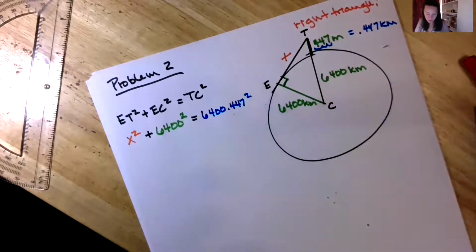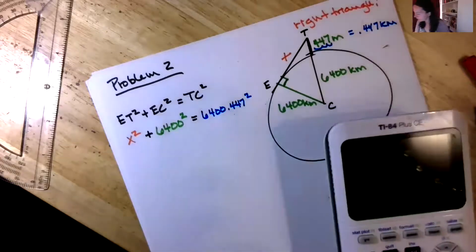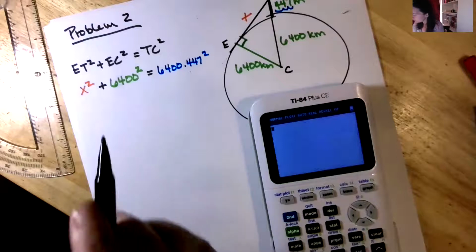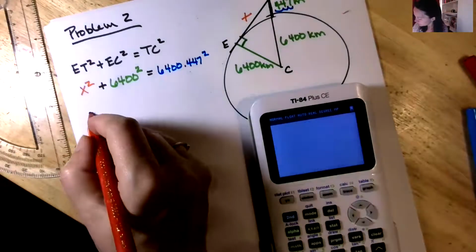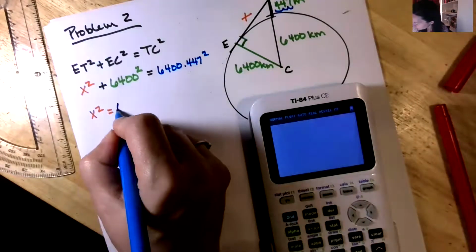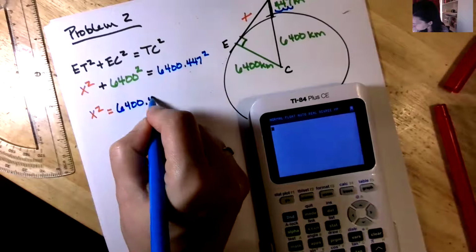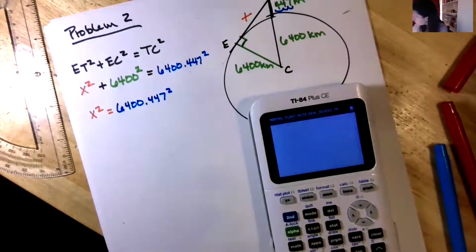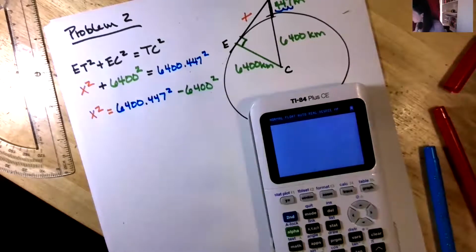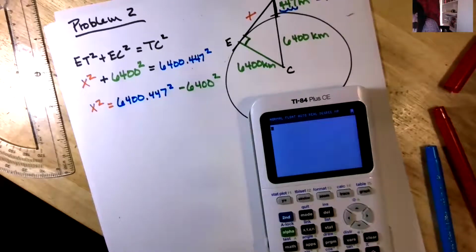Okay, putting this in the calculator. This is definitely a calculator problem. I'm going to actually move this around first. X squared equals 6,400.447 squared minus 6,400 squared. So I've got 6,400.447 squared minus 6,400 squared.